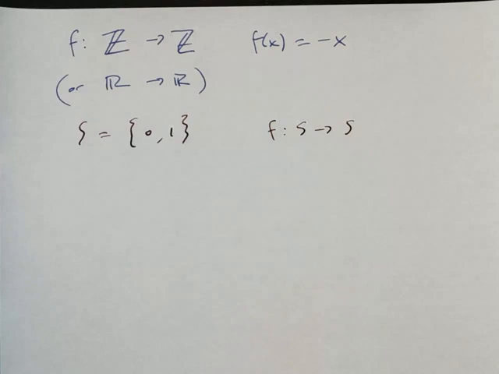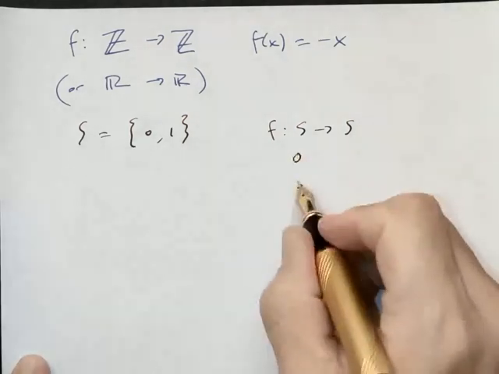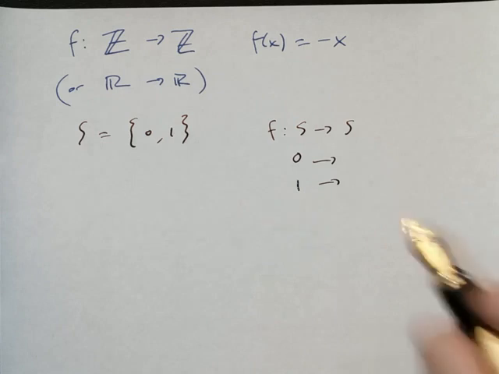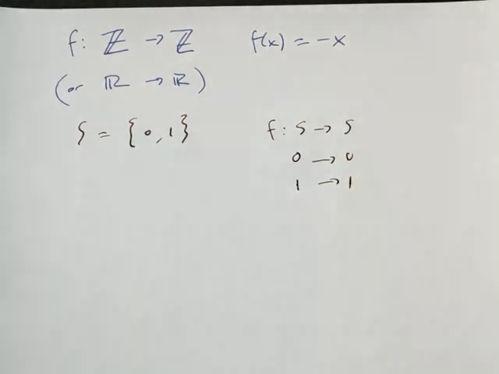List the inputs, list the outputs. Well, if those are your inputs, what are your options for outputs? Zero and 1. Which one goes to which one? Great. So here is a permutation.